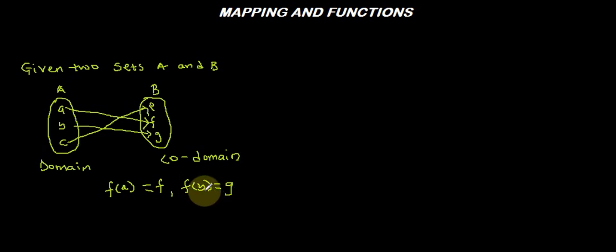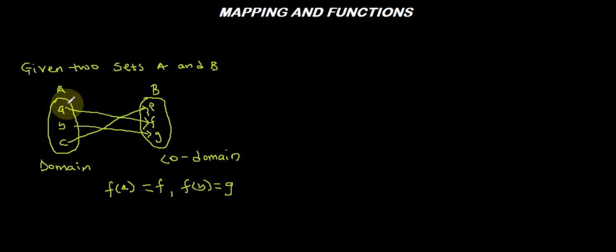If the rule which associates each element X in A to a unique element Y in B is denoted by f, the mapping between set A and set B can be represented by any of the following notations. We've already explained what mapping is and we called it a rule.